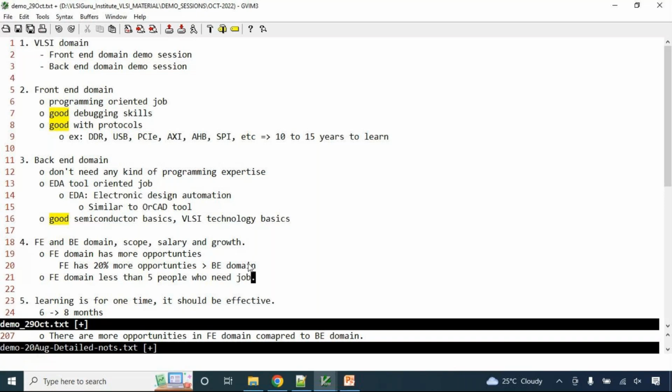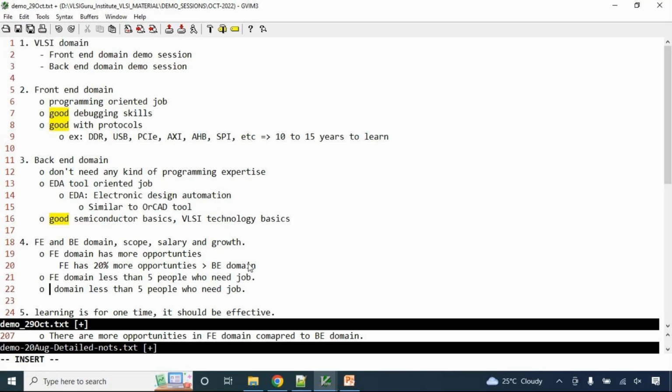In physical design domain, I have around 30 people. There are placements happening in both the domains, but 30 plus people need jobs in physical design, while in front end it's less than 5. Mostly these are people who don't really have interest in a job or who don't put in any effort. Otherwise, everyone is getting a job.